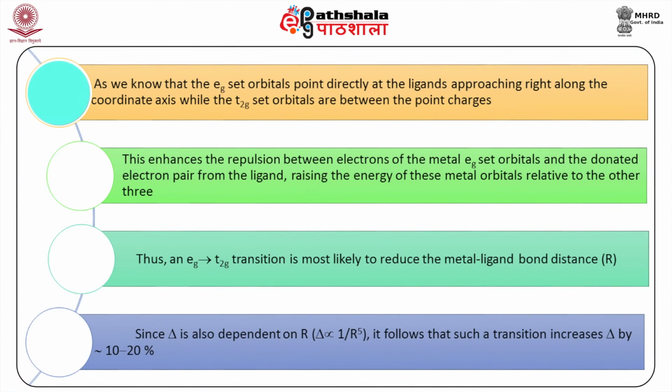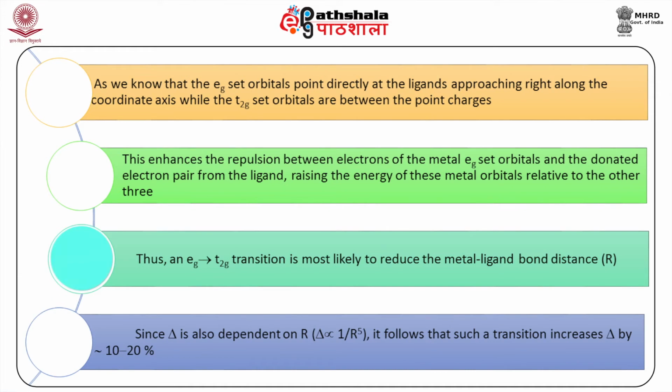As we know, the Eg set orbitals point directly at the ligands approaching right along the coordinate axis, while the T2g set orbitals are between the point charges. This enhances the repulsion between electrons of the metal Eg set orbitals and the donated electron pair from the ligand, raising the energy of these metal orbitals relative to the other three.